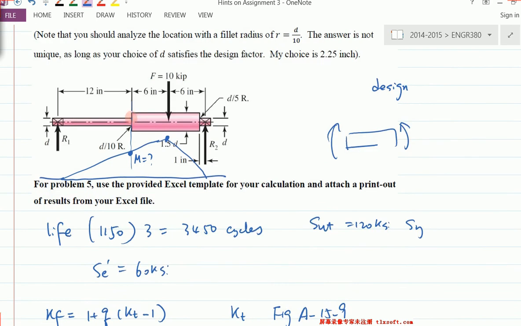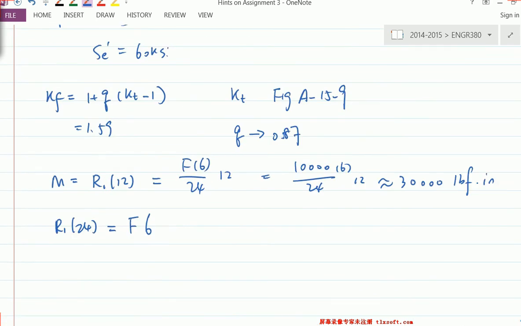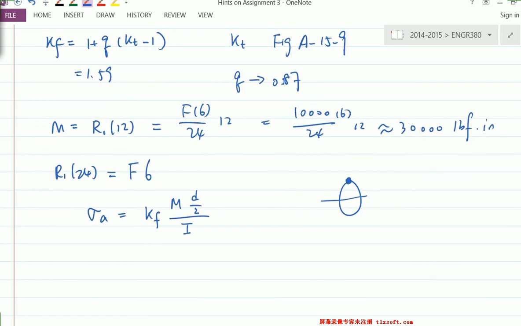Then what we need is the stress at that location. So sigma a equals the fatigue stress concentration factor times M times half of the diameter at the critical location, over I. This is the top one here, where the maximum bending normal stress is.